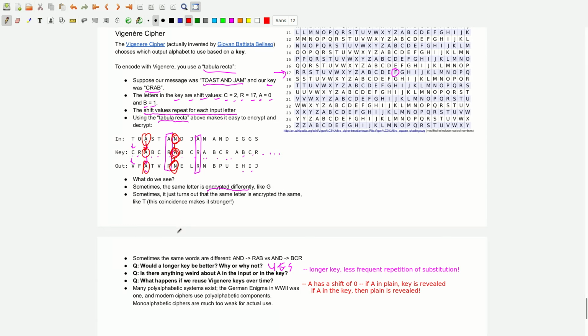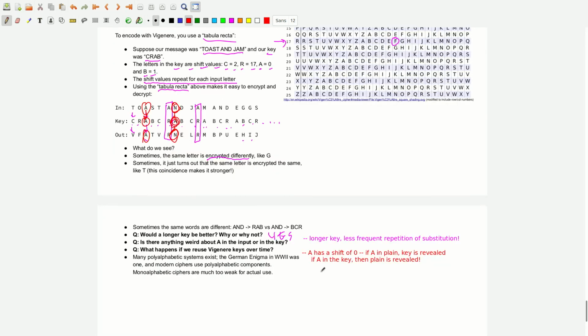So this is exactly what Shannon was talking about with no bad keys or plain texts. Because what if I had the message, super secret codes, and my key was A, what am I going to get out?